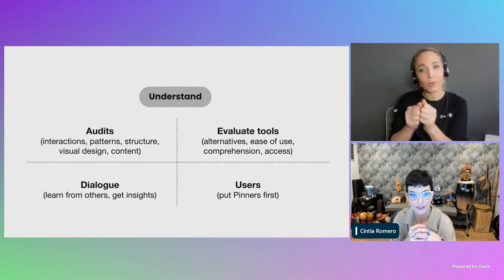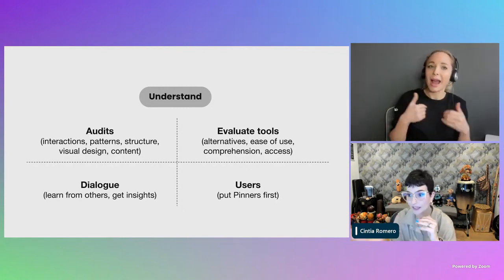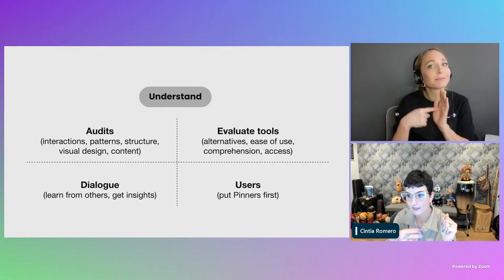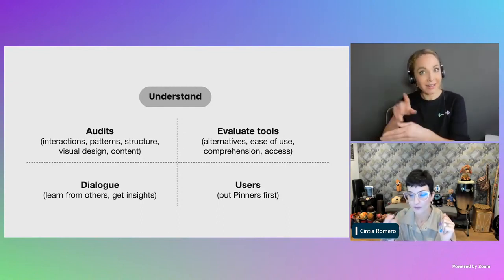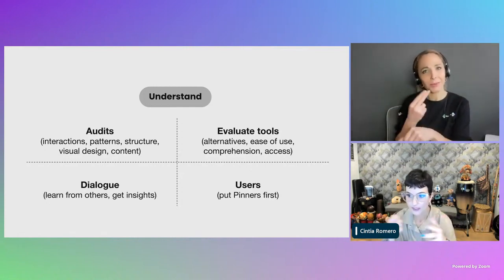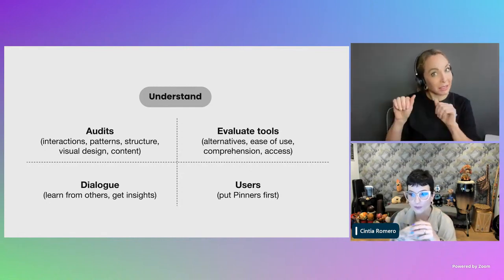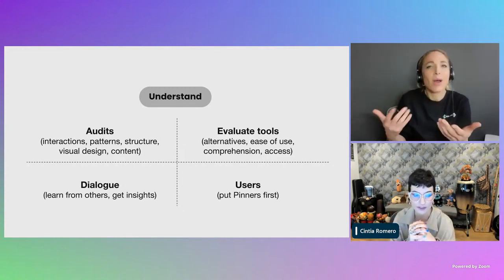We need to evaluate the tools. Do we have, let's say, a plugin that we can use on the design side? What are the dev tools that we have for checking accessibility? Should we invest in new tools? Should we do training?